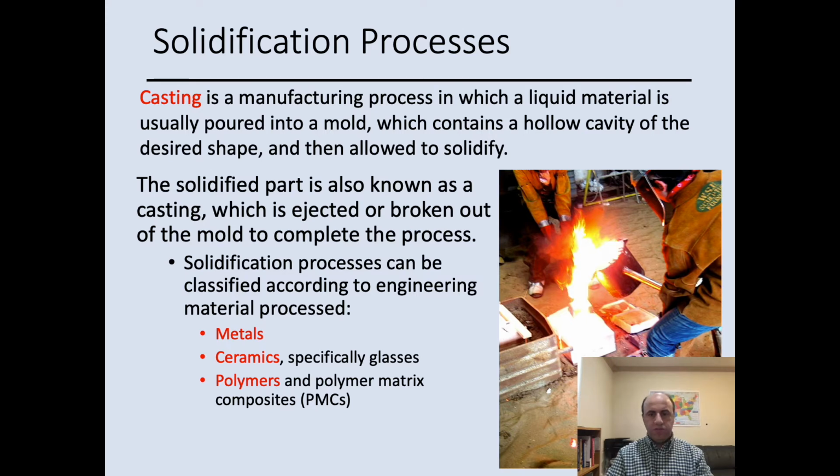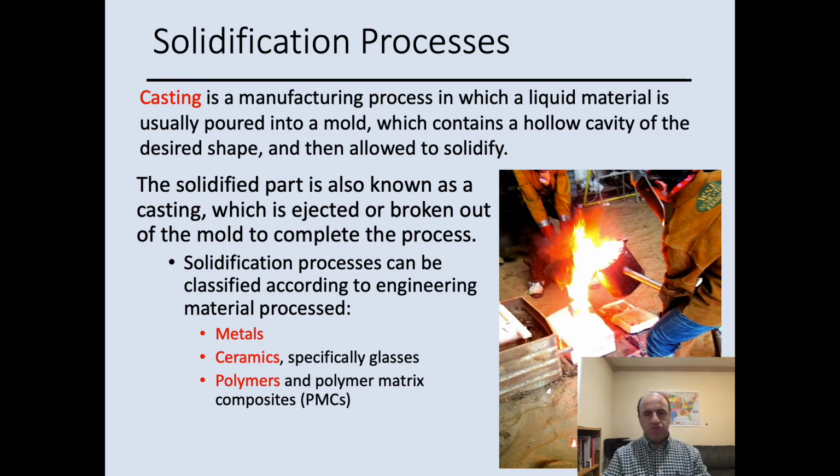What is the casting process? Casting is a manufacturing process where we have a liquid material, hot metal in a liquid state. Then that liquid is poured into a mold. The mold has a hollow cavity in the desired shape.